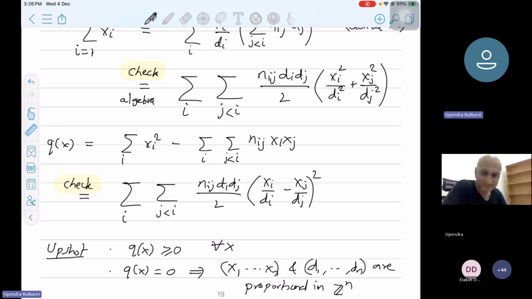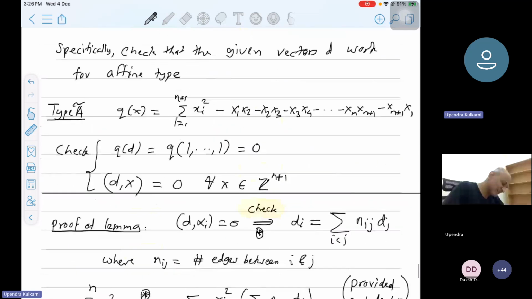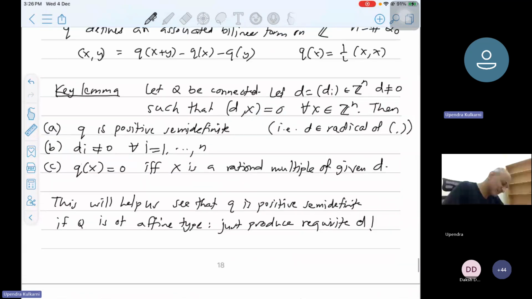Okay, so let's take a look at our claim and what we have done. Modulo the calculations, we showed that q is positive semi-definite, and we showed part C. What we did not show is part D, namely that di has to be non-zero everywhere.